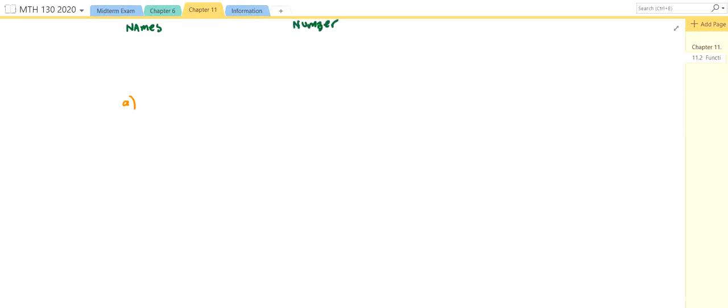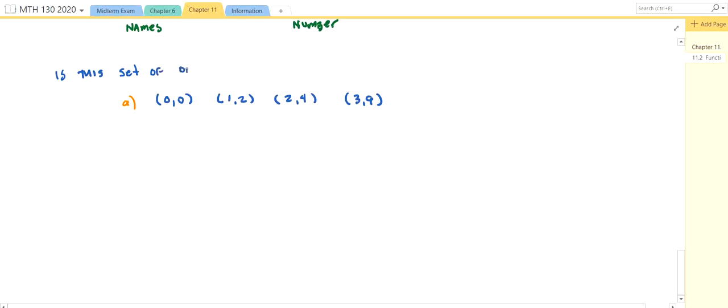So suppose I give you a set of ordered pairs: 0, 0, 1, 2, 2, 4, and 3, 9. And I might ask the question, is this set of ordered pairs a function?